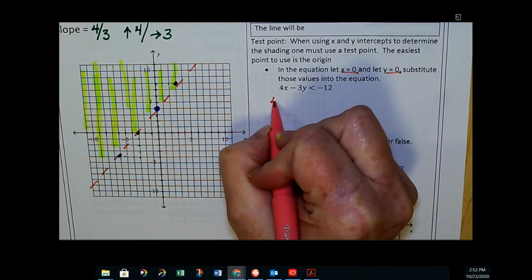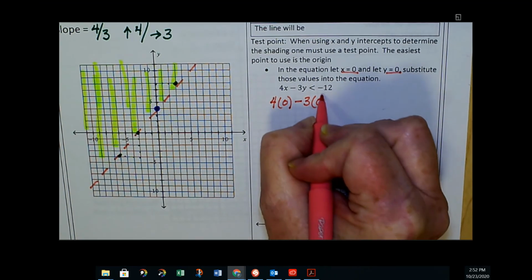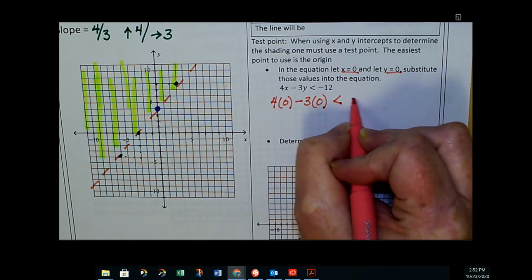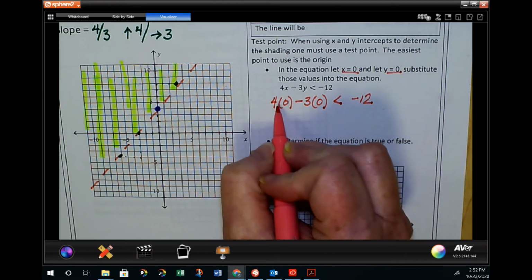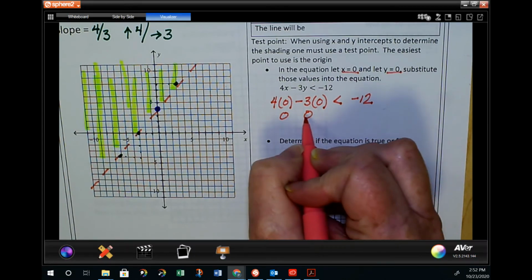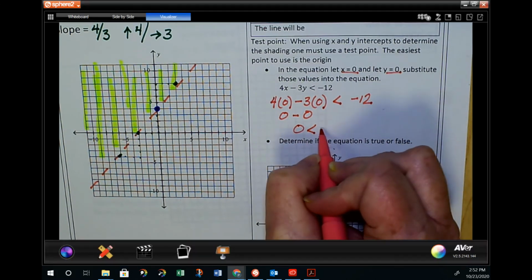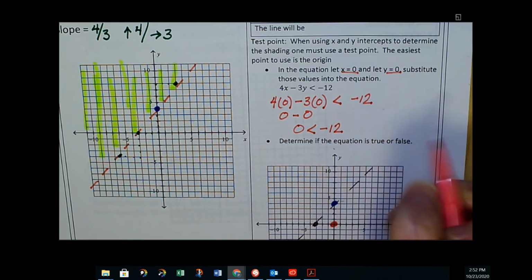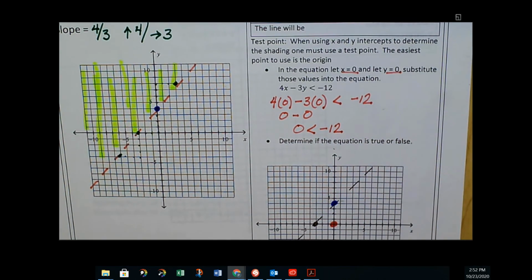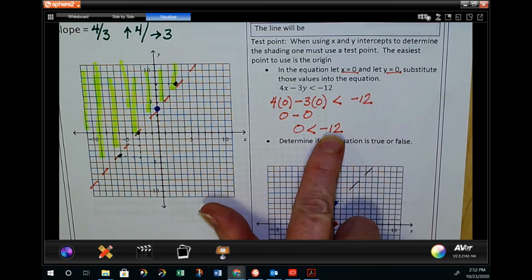So if I go 4 times 0 minus 3 times 0, is that less than negative 12? 4 times 0 is 0. 3 times 0 is 0. 0 minus 0 is 0. Is 0 less than negative 12? Is this true or false? You ask yourself, is 0 smaller than negative 12?